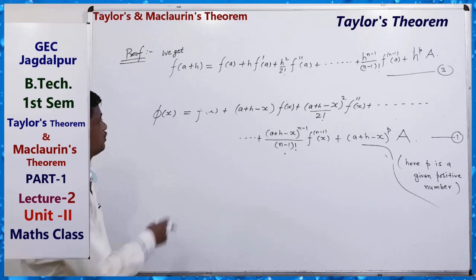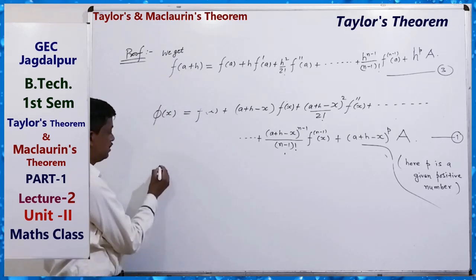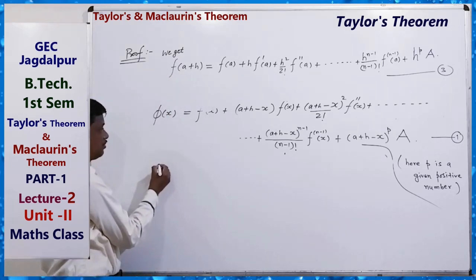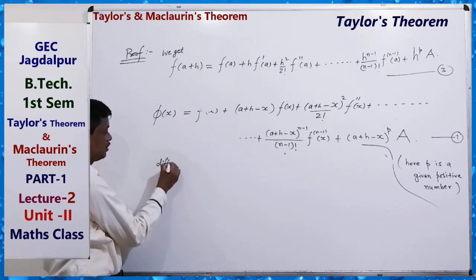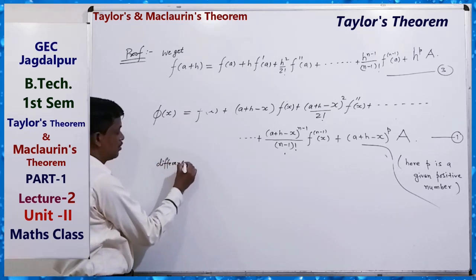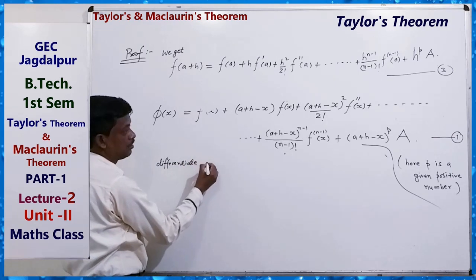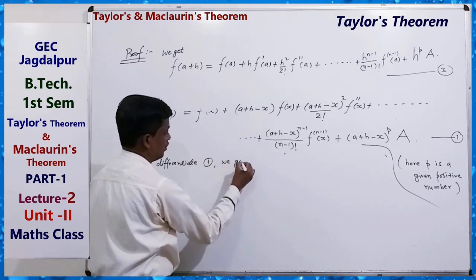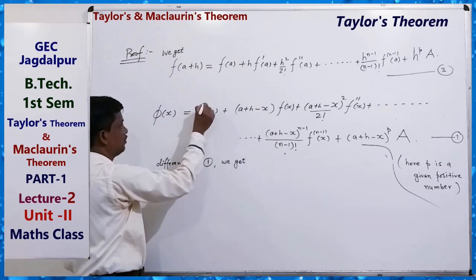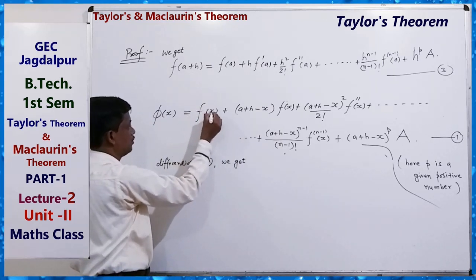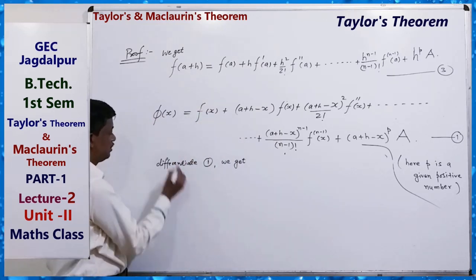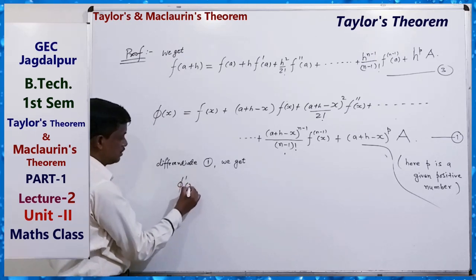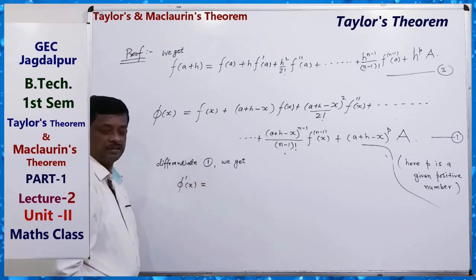After this line, just write: differentiate 1, we get its derivative, phi dash x with respect to x.